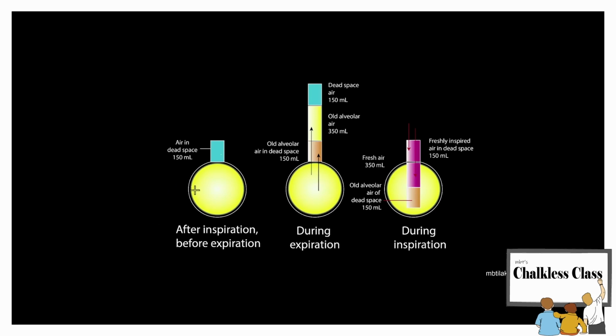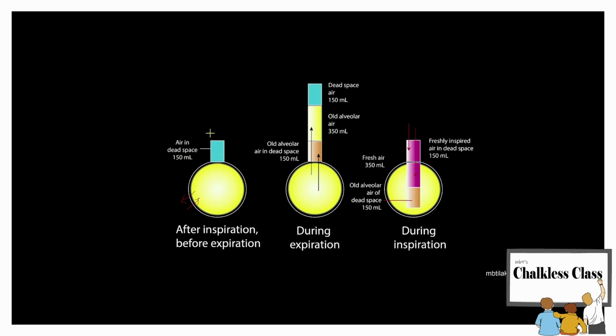Only the air present in the alveoli is useful for the exchange of gases. So this is the functional space of the lungs and this is the dead space where the exchange of gases doesn't occur. This is called anatomical dead space. The volume of air in anatomical dead space is 150 ml.